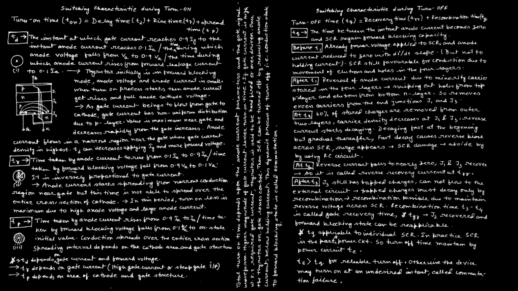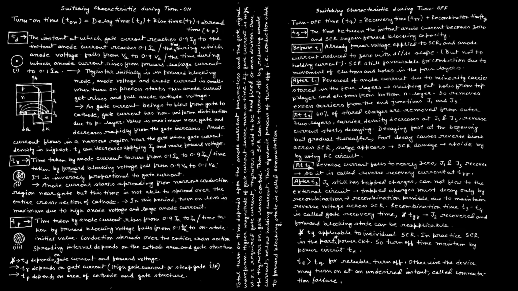Before T1, forward voltage is already applied to the SCR and the anode current is reduced to zero with a di/dt slope, but not to the holding current. The SCR is still favorable for conduction due to movement of electrons and holes in the 4 layers.